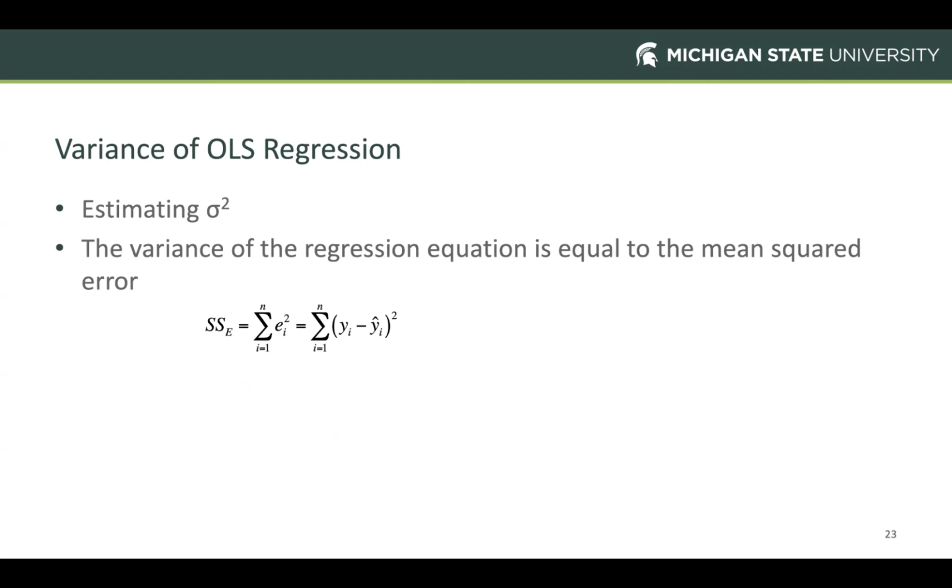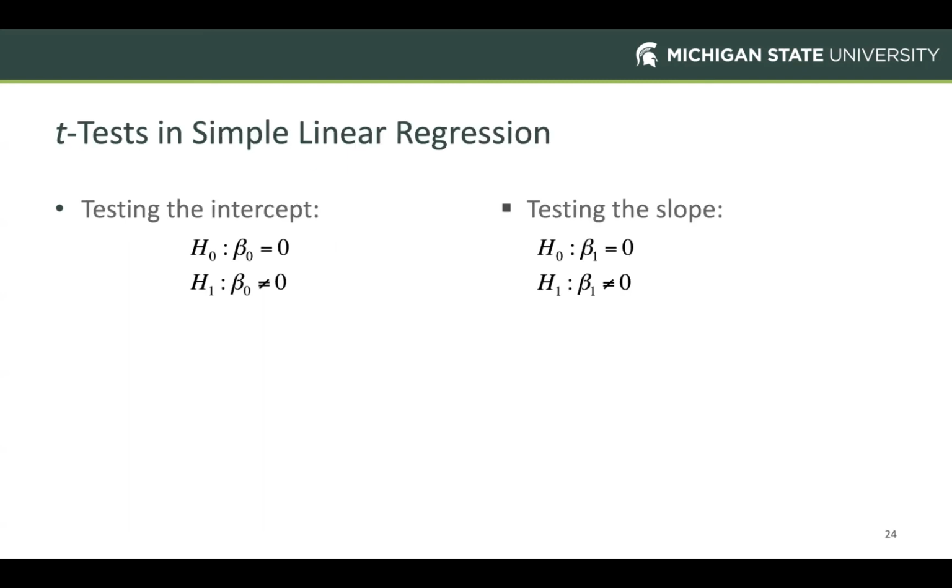So we take each individual observation, take its difference from the predicted value from the regression equation, and square that quantity. That's our sum of squares for the error. We divide that by the corresponding degrees of freedom, and that in turn gives us our estimate of the variance for the regression equation. Okay.